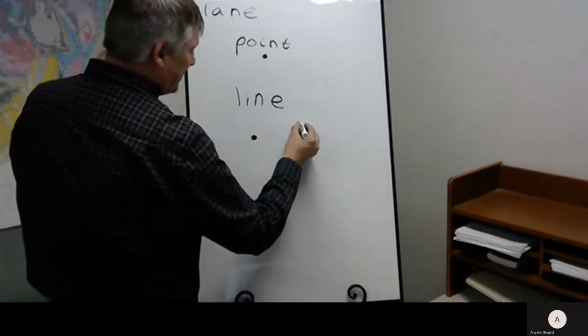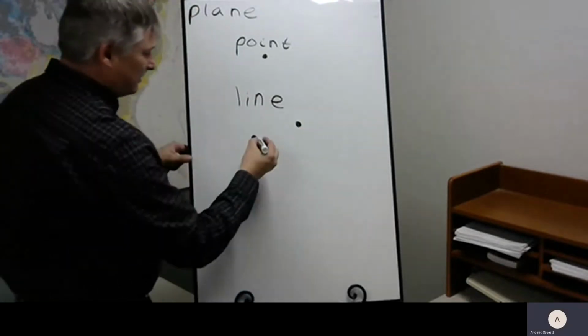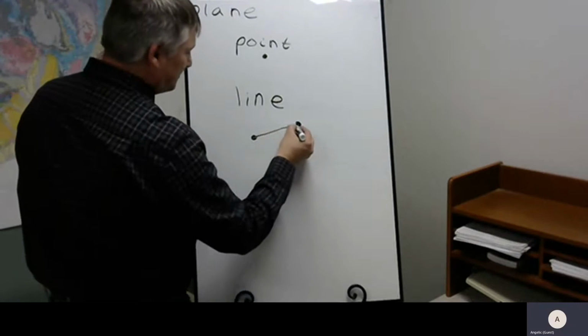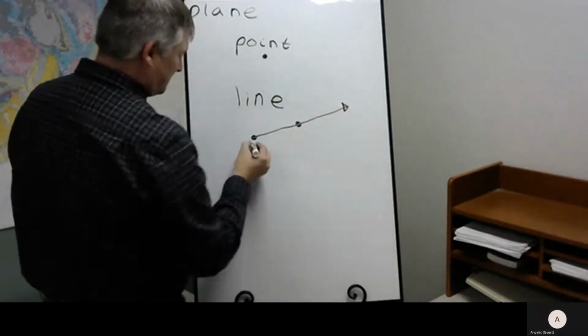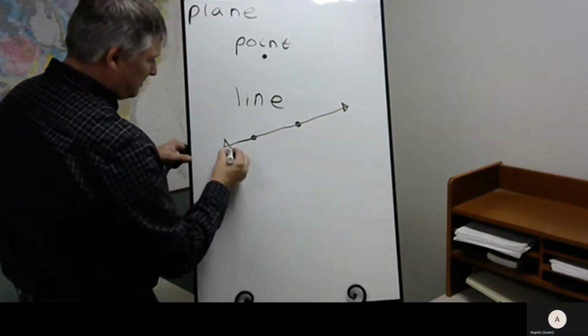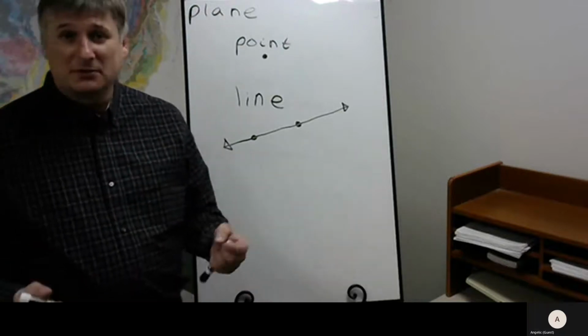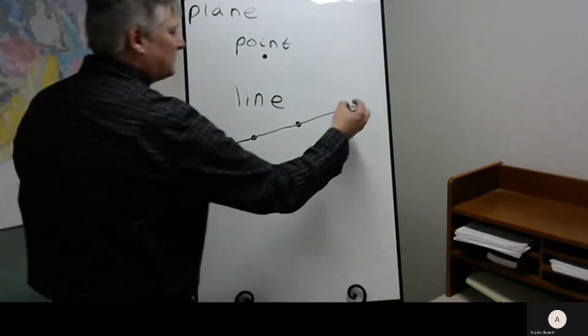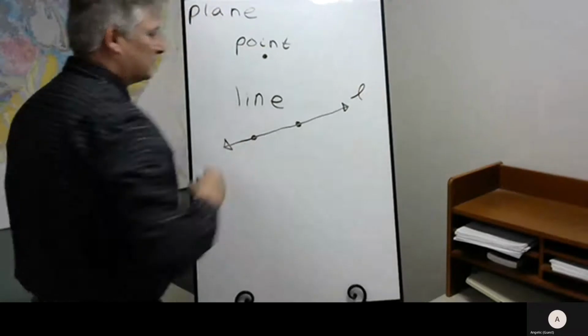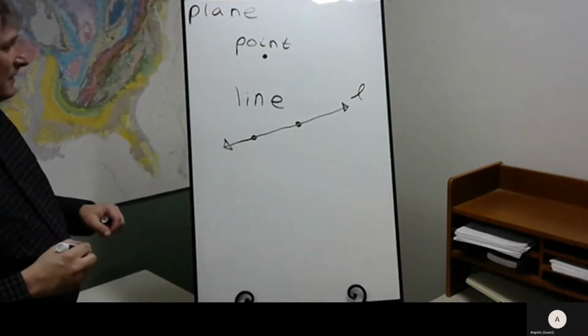But if you put a second point that the line passes through, we know exactly what this line is doing. We can place it in space. Oftentimes, lines are represented with this cursive L.